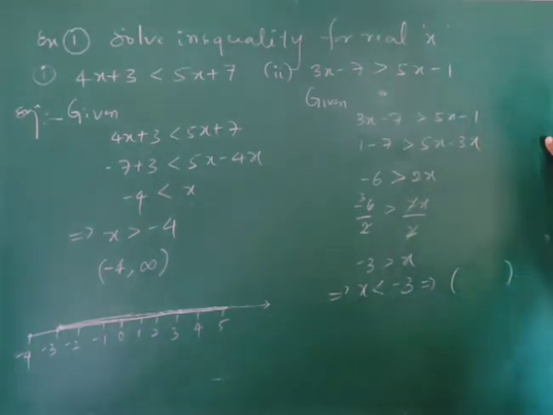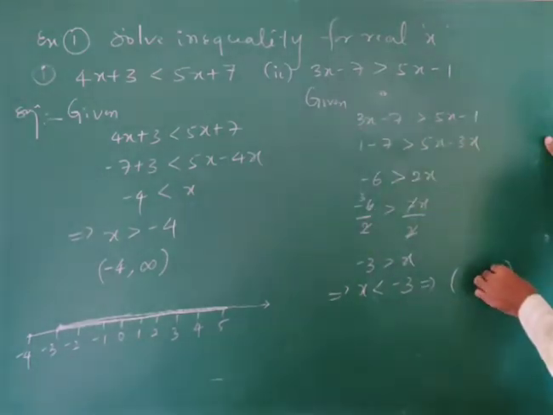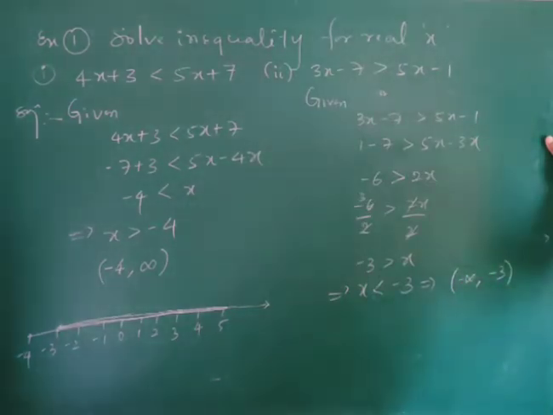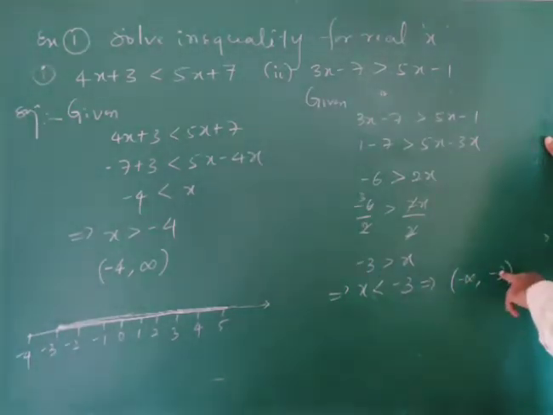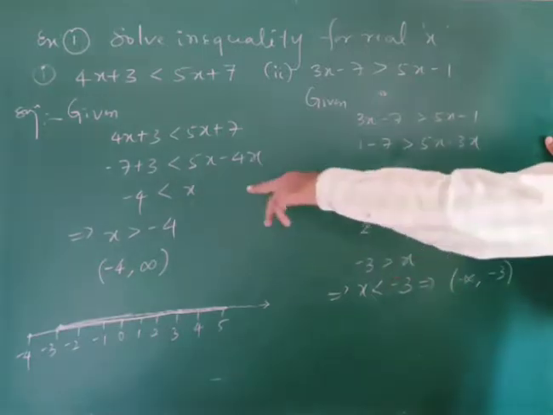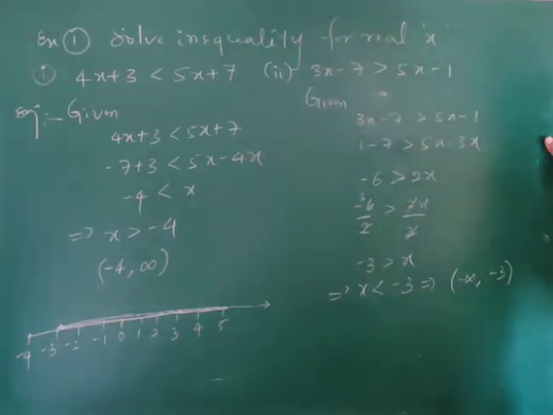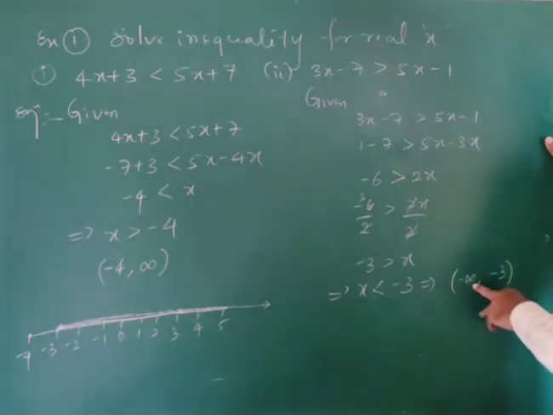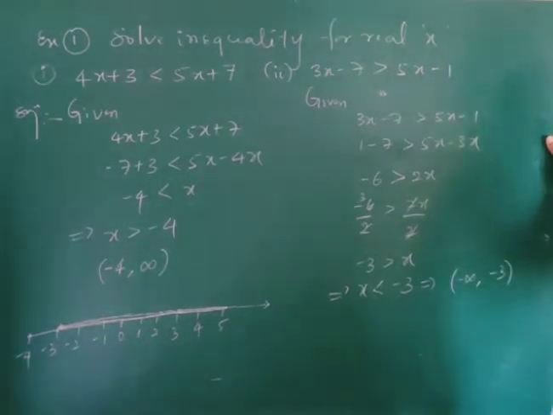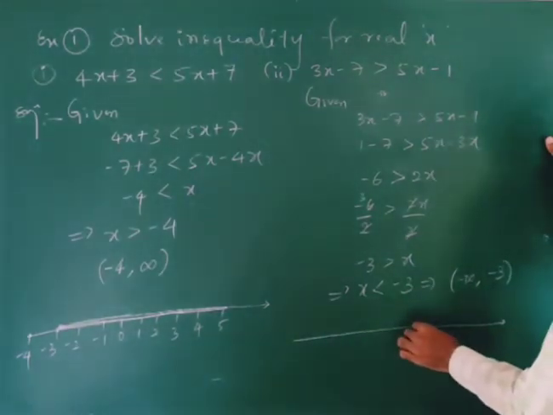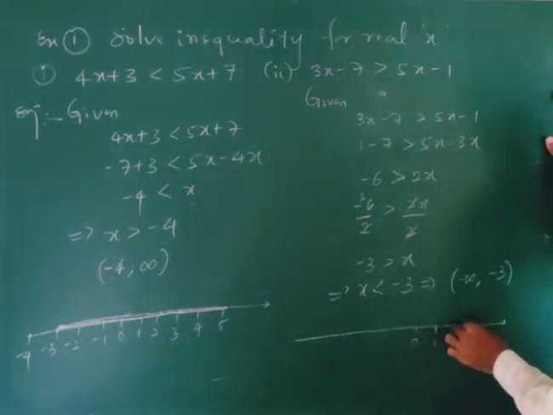X is less than minus 3, so minus 3 to minus infinity, right? Less than minus 3 means minus 4, minus 5, minus 6 up to minus infinity, but excluding minus infinity and minus 3. In a real line, how do we denote it? Let's see. It is 0, it is 1, it is 2, it is 3, right?